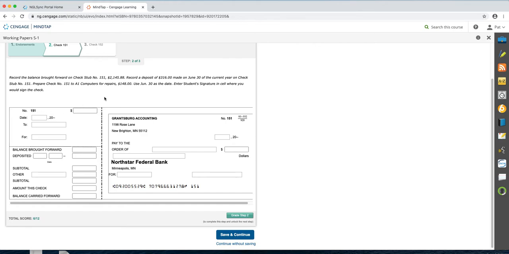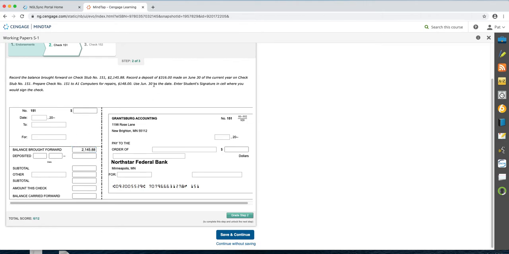What we want to do then is prepare this check stub. It says balance brought forward on check stub 151. So this means we already know when looking at that we're not a new business. We've been around. This is check stub 151. It says balance is $2,145.88.